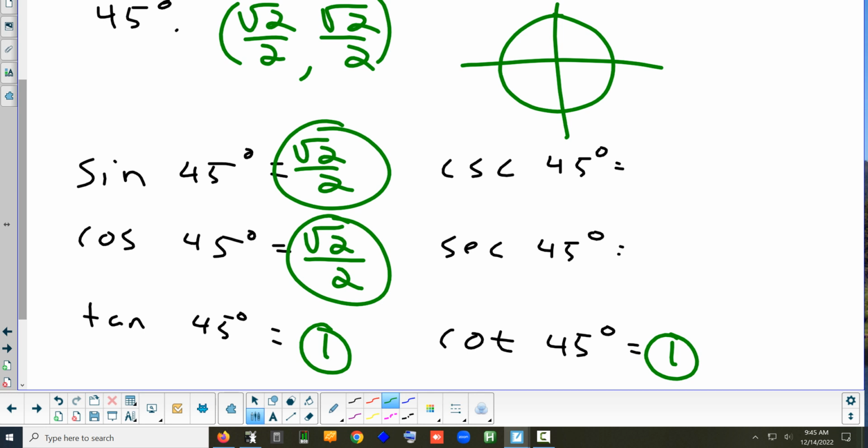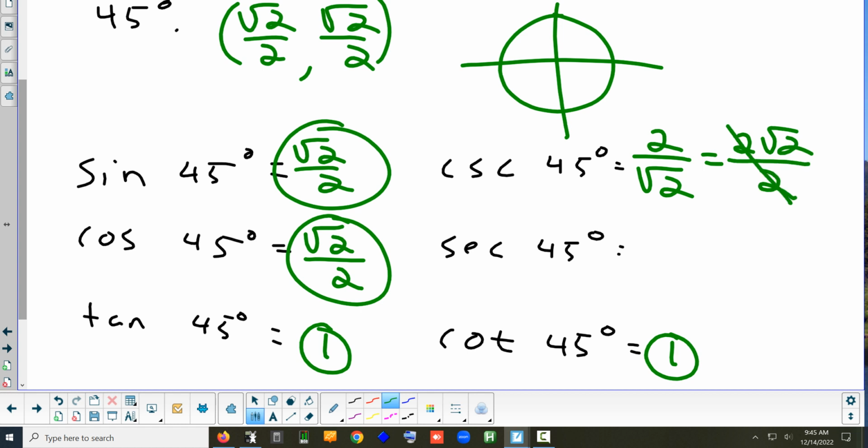And now the cosecant. So we have to flip root 2 over 2. And we get that. And what would that clean up as? Yep. 2 times the square root of 2 over 2.